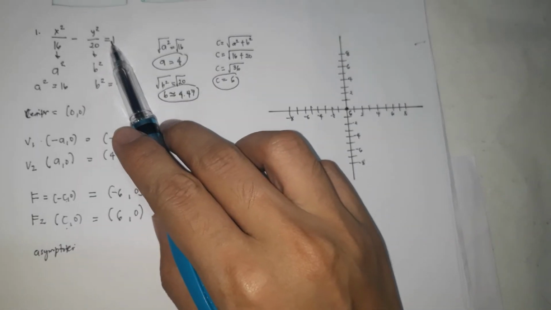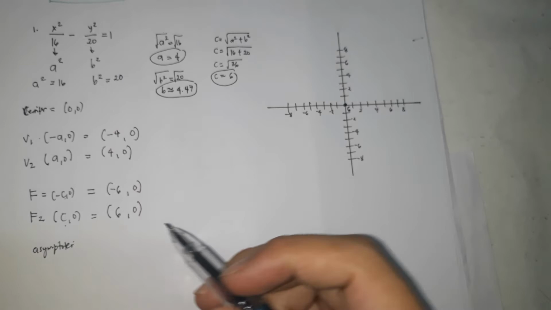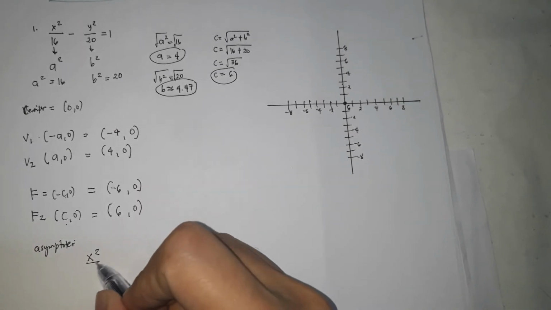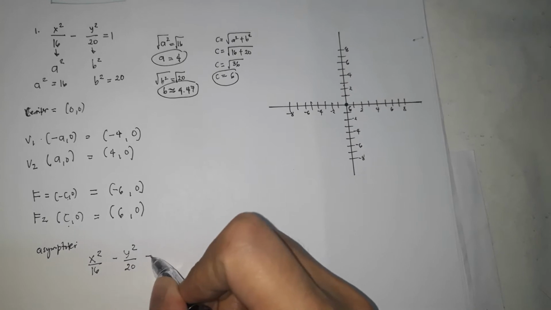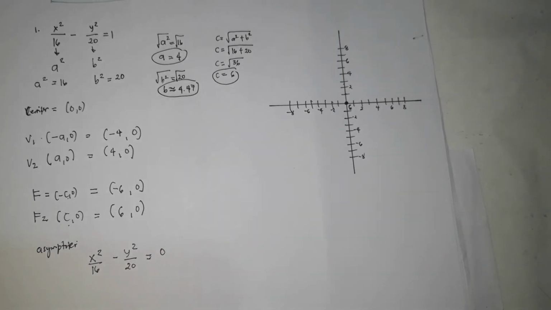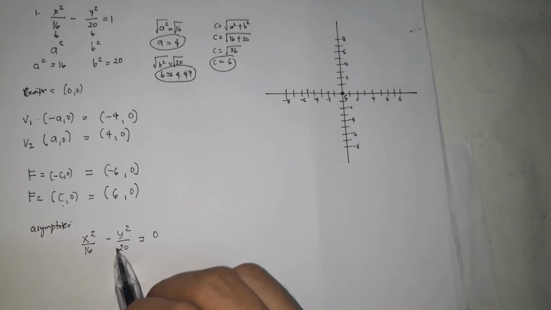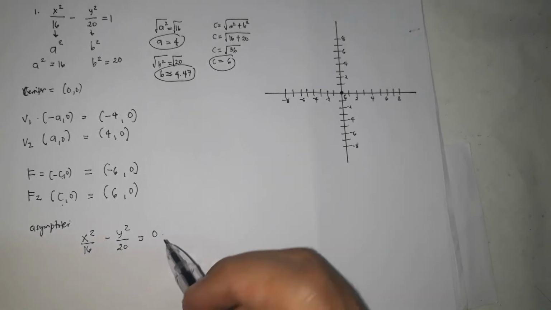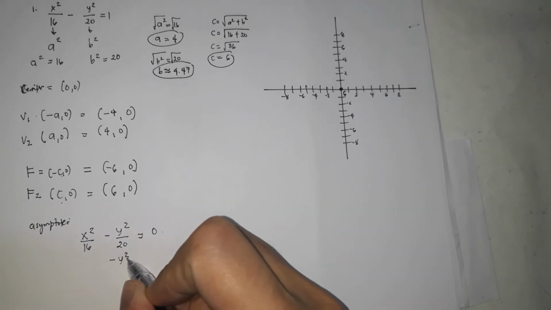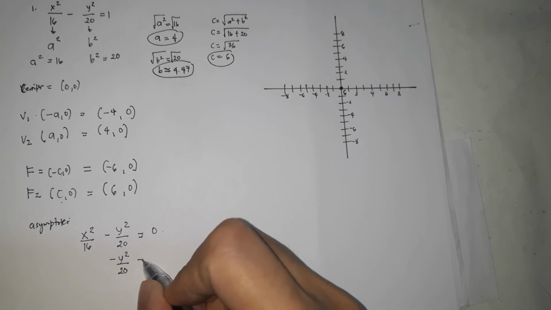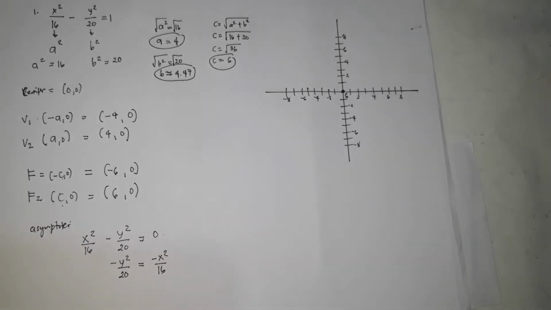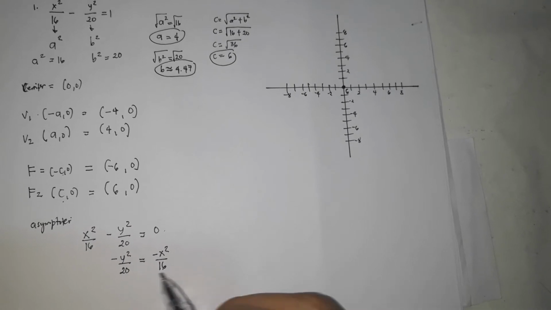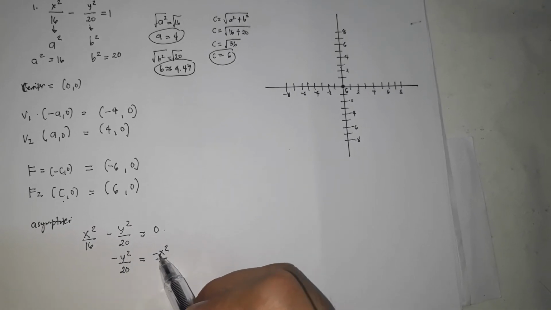the 1, gawin mong 0. So magiging x squared over 16 minus y squared over 20 is equal to 0. Next, ang gagawin mo, ilipat mo yung may x sa kabila. So, negative y squared over 20 is equal to negative x squared over 16. Next, to solve that, you're going to multiply 20 in the numerator.